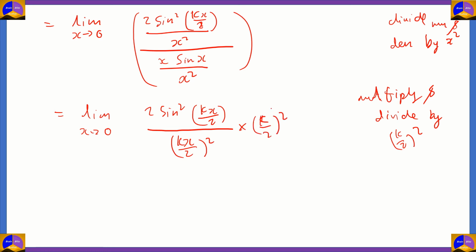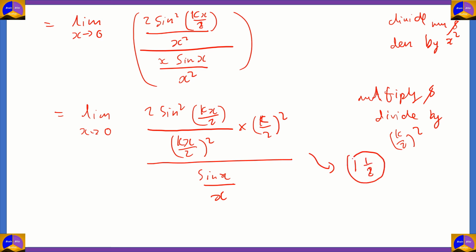So k by 2 the whole square multiplies with x squared in the denominator to form kx by 2 the whole square. And then in the denominator, the x cancels out with x squared, so you get sine x divided by x. So this is the step that gives you 1.5 marks. So this step is the most important step here in the question.